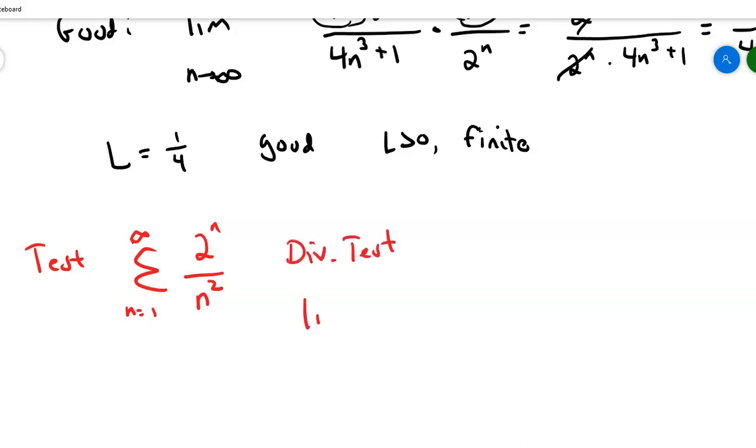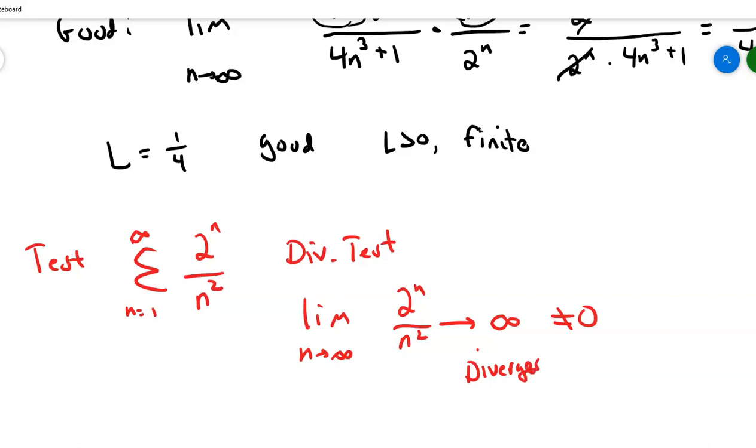So take the limit as n approaches infinity of 2 to the n over n squared. And yeah, you can L'Hopital it a couple times. If you do, you realize that 2 to the n far outstrips the n squared on the bottom. The important thing is that it's not 0. If it's not 0, it diverges.